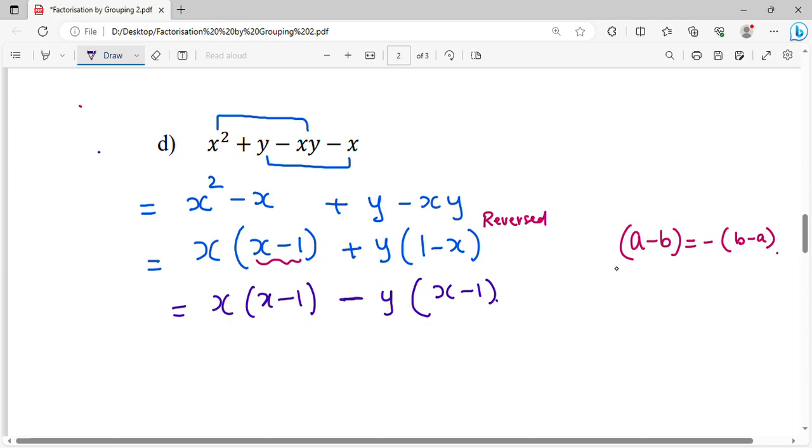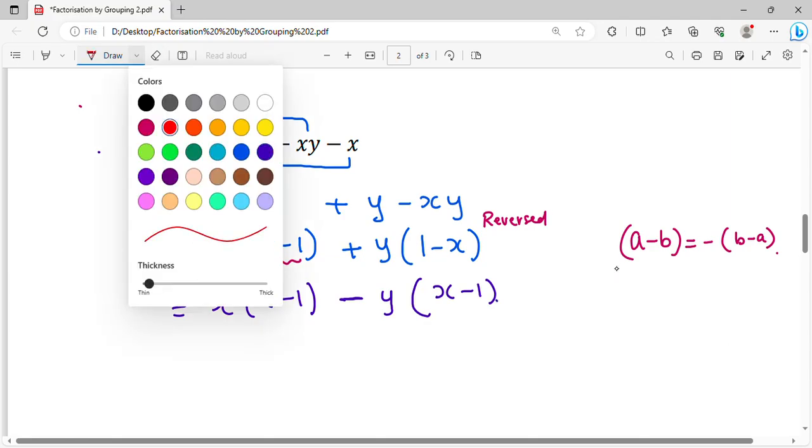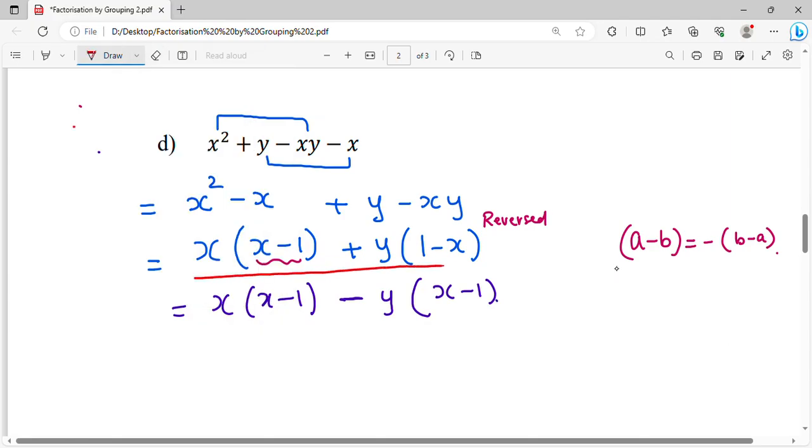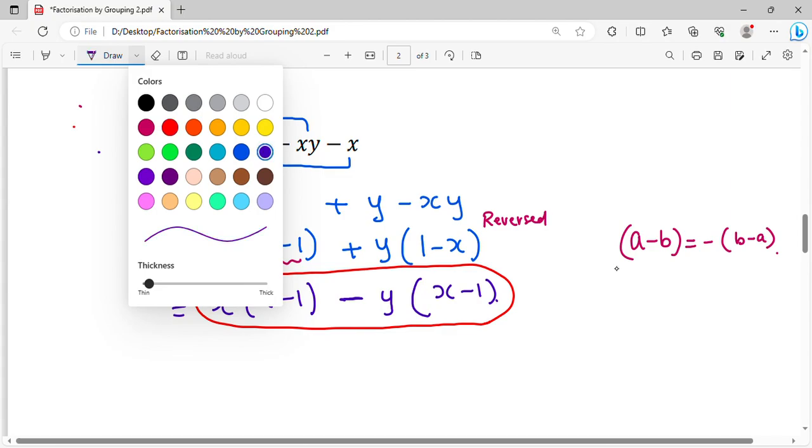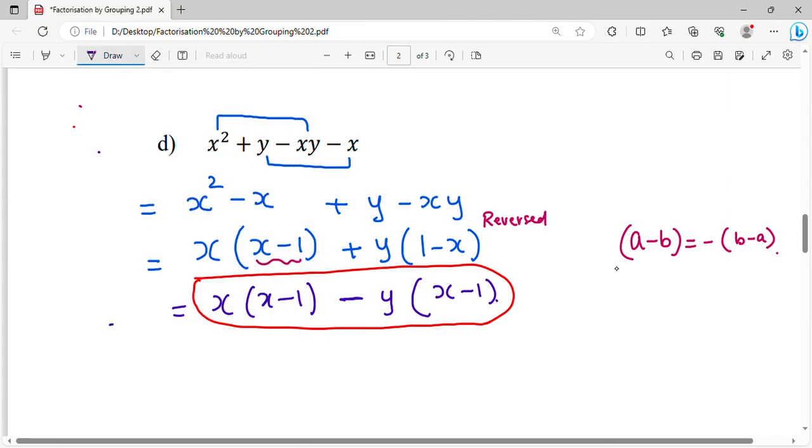This step is very, very important. Please take note. That is absolutely challenging for some students, but if you get it, it becomes extremely easy. So now my job is done: (x minus 1)(x minus y).